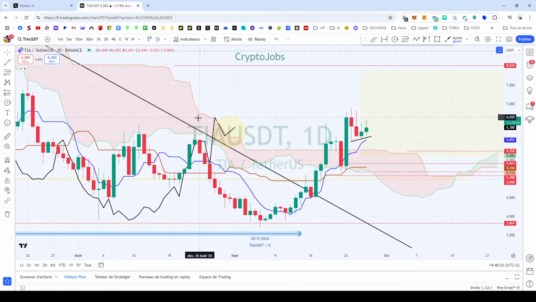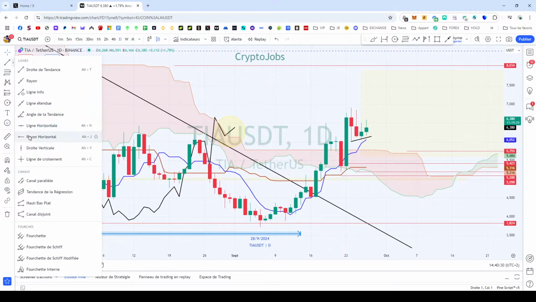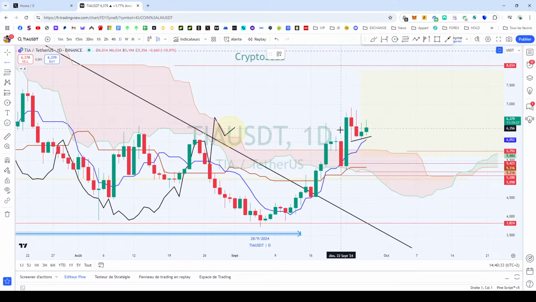The lagging span must close above the trend line, which is acting as resistance. In that case, we can see the clean breakout of the lagging span, so we are consolidating also above the SSB level, above the cloud. It indicates a possible long-term bullish signal.